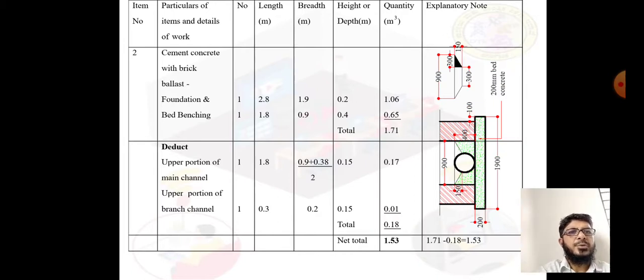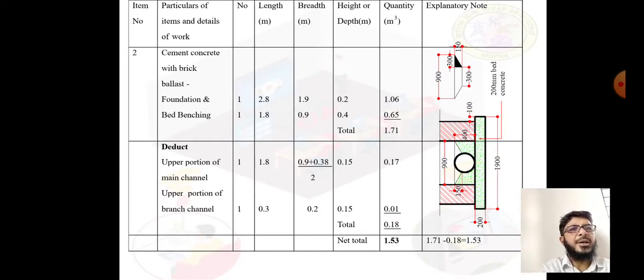You can see its length from the plan, length of the benching 1.8 meter, and from the section its width is 0.9 meter, and we will consider the height or depth complete as 400 mm, till the diameter it is filled.